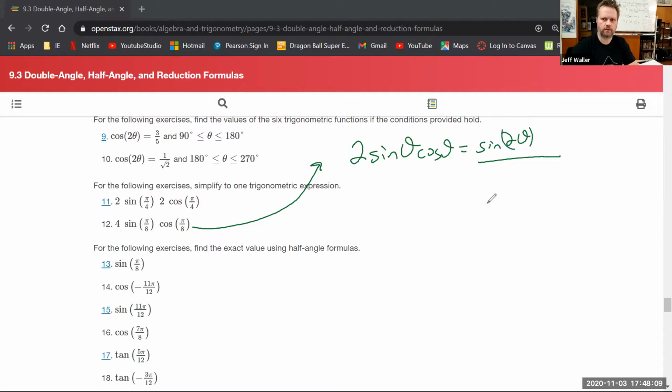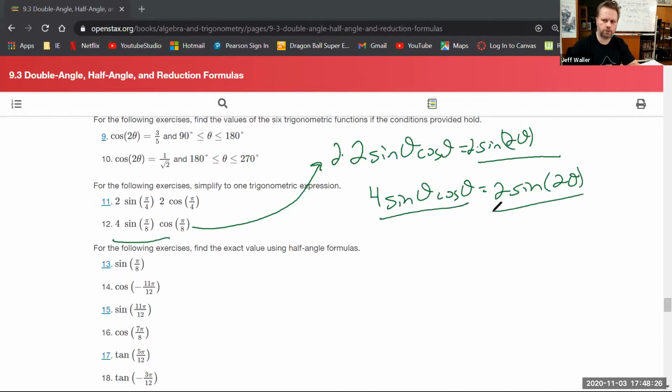I love it. So if I multiply both sides by 2, 4 sine theta cosine theta is 2 sine 2 theta. And do you see how that's, you know what theta is? So you just plug it in. Is that cool out there? You guys all right with me? Are you starting to see what's the important thing about the identities?